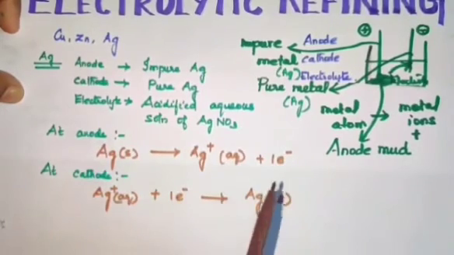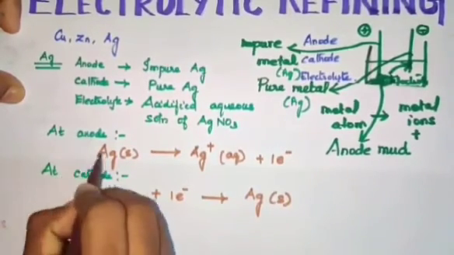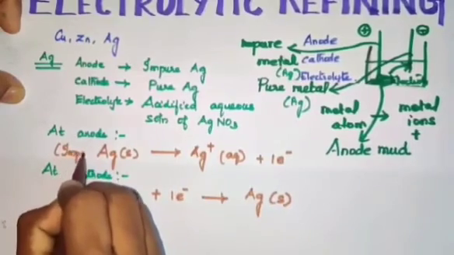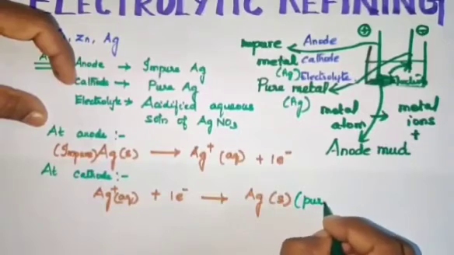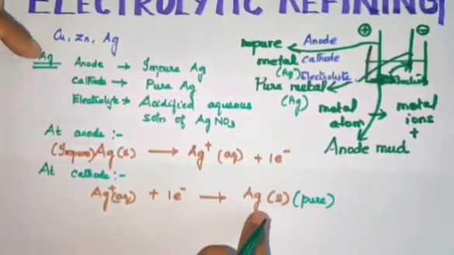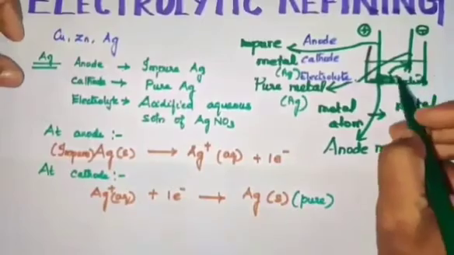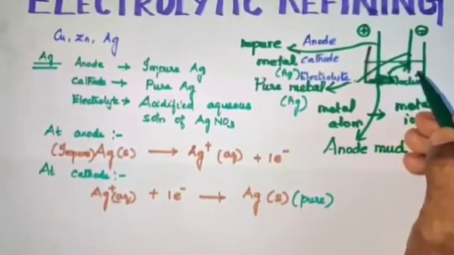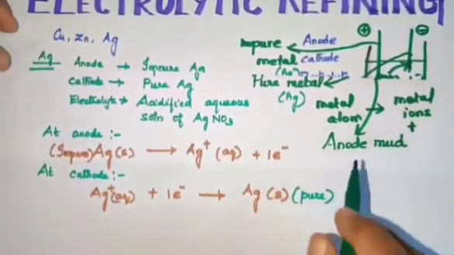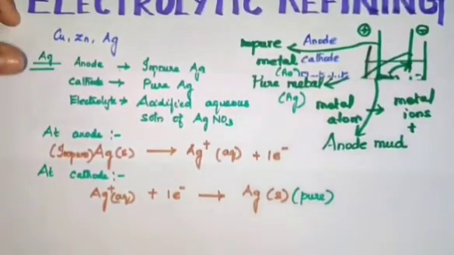So the impure solid silver from the anode is converted into a pure form when it reaches the cathode. The impurity from the anode settles at the bottom of the anode. Now we get the pure metal from the cathode.